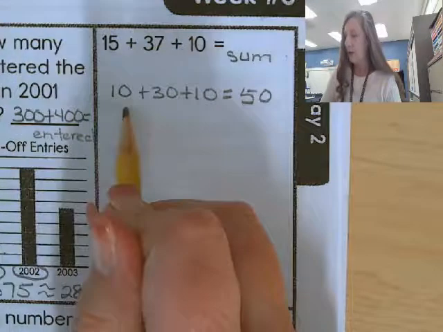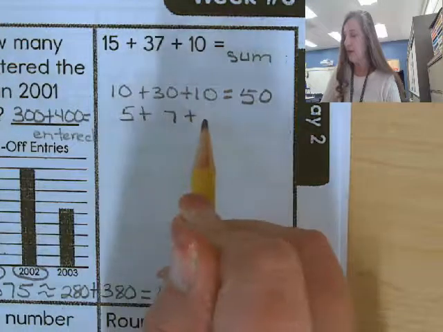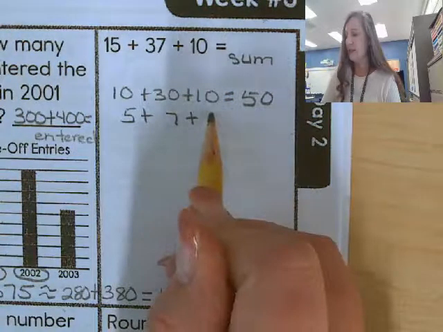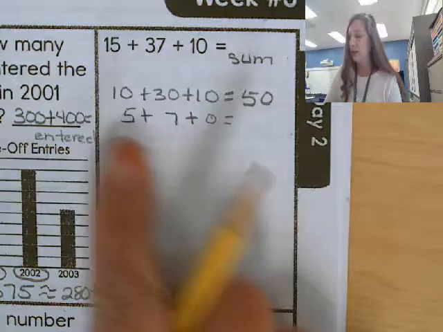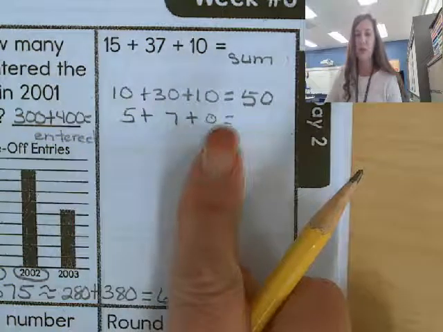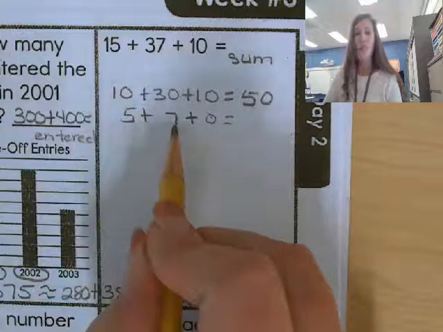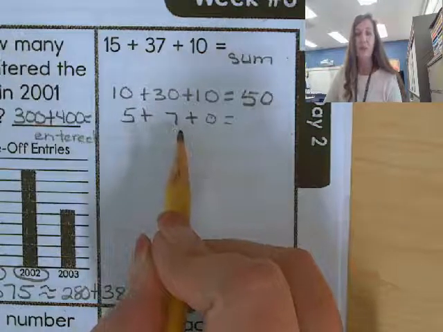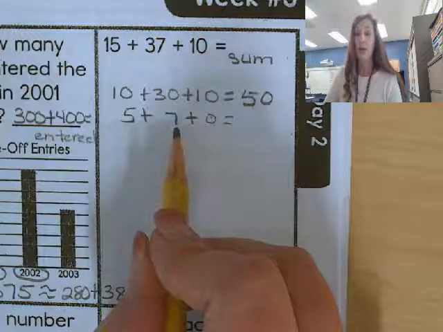We could add the ones, which would be 5, 7, and we don't have any ones here in the 10, so we don't add that 0, but we're going to go ahead and just leave it there just so that we know that's not missing. And if you don't know what 7 plus 5 is, you could use your 5 plus 5, which you know is 10.